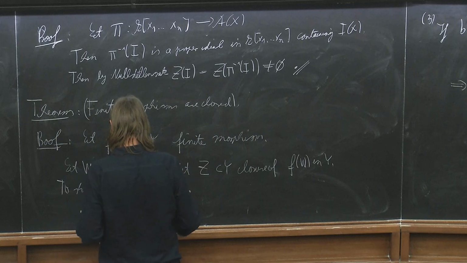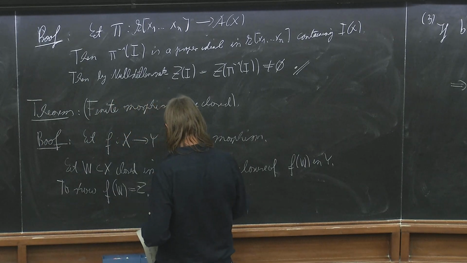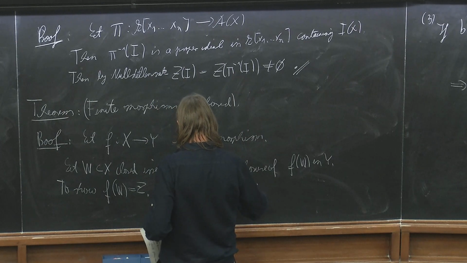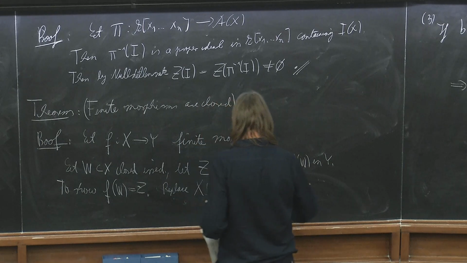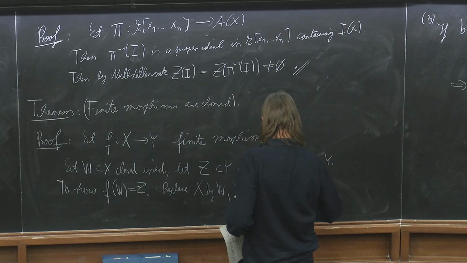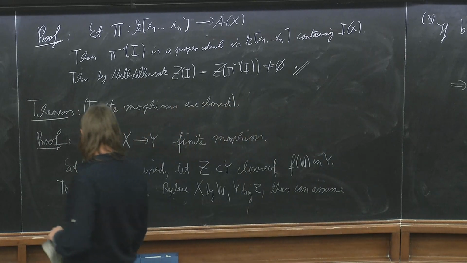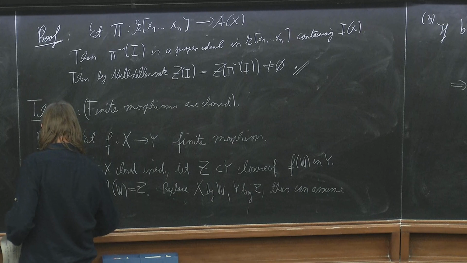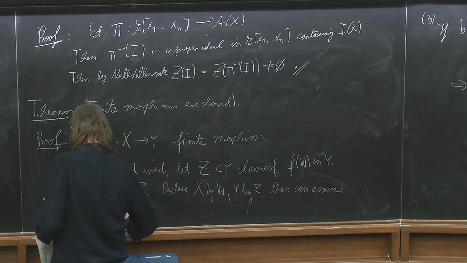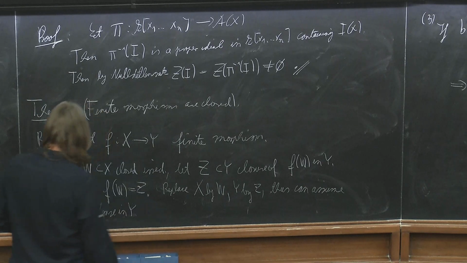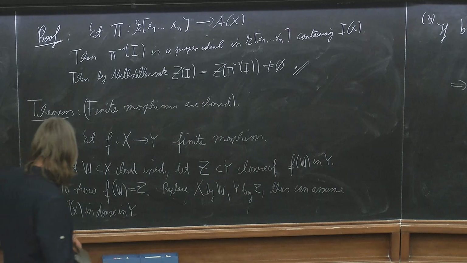So we can assume thus that f of X is dense in Y, and we have to show that f is surjective.